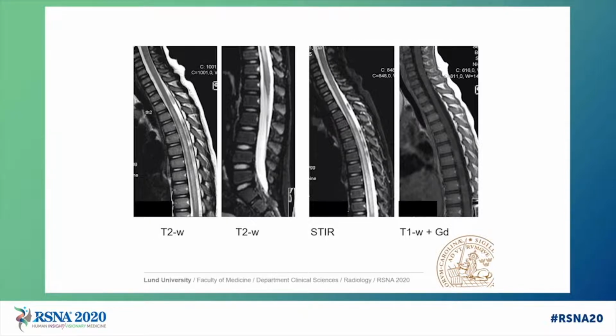As you can see, there are extensive signal abnormalities within the spinal cord, involving most of the cord, but most extensively seen in the thoracic region. And also on the T1 weighted post-gadolinium images, you will see focal faint areas of patchy contrast enhancement.